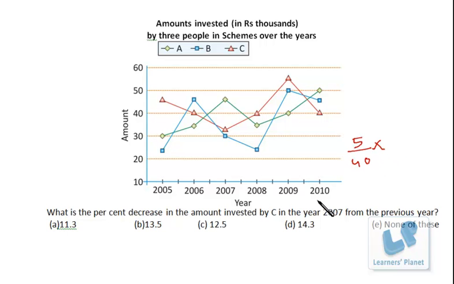Whenever you wish to see the increase and decrease, then in the denominator just put the base value, that is the data from which you have to see the decrease or increase, right? So if we have to see the change in 2007, we have to choose the base as 2006. So in 2006, the amount invested by C is 40 and there is a downfall of 5. So 5 by 40 into 100, that is 12.5%, right? Very simple.